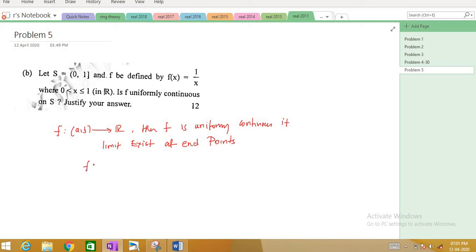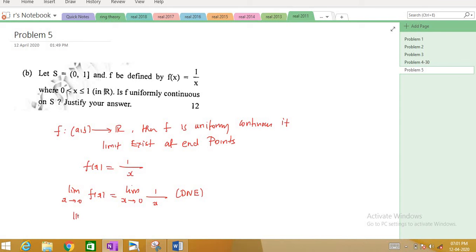Here our f(x) is 1/x. We will check whether the limit exists at 0 and 1. The limit as x tends to 0 of 1/x does not exist, because as x tends to 0, this tends to infinity.